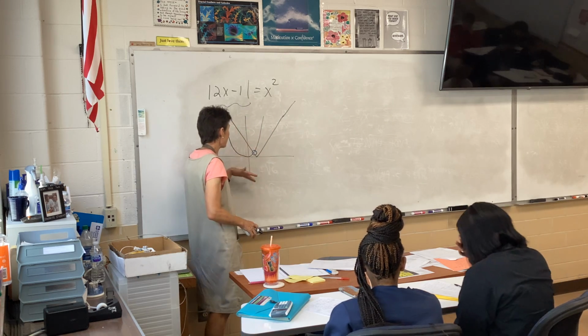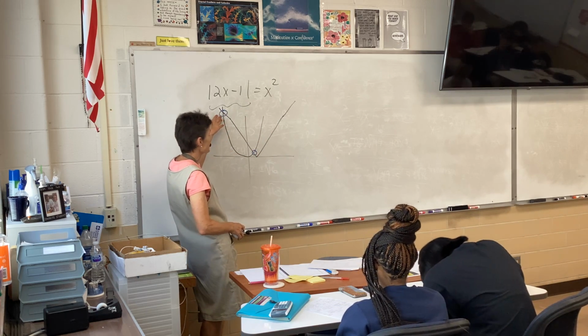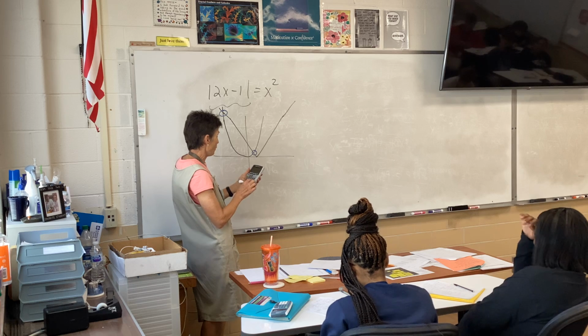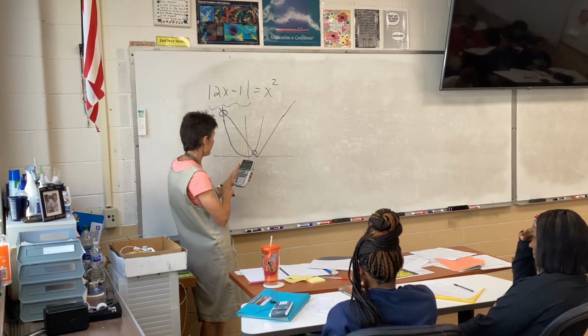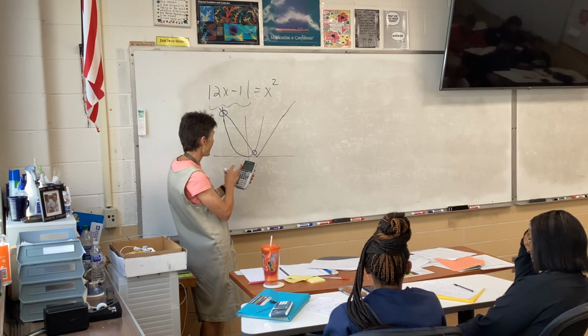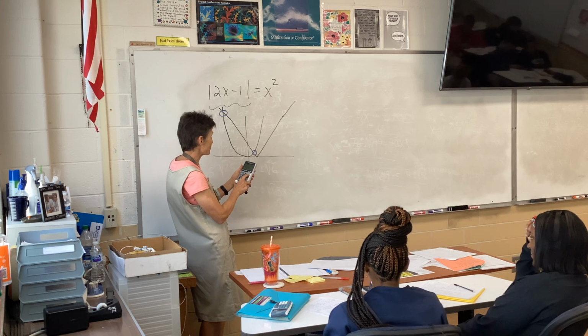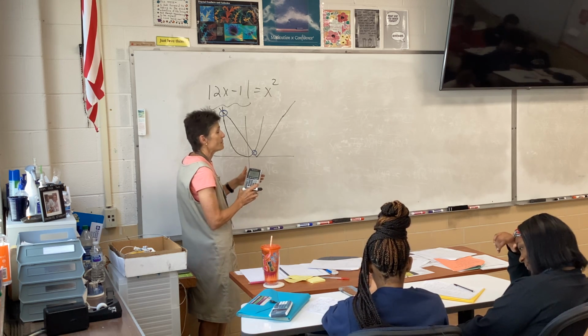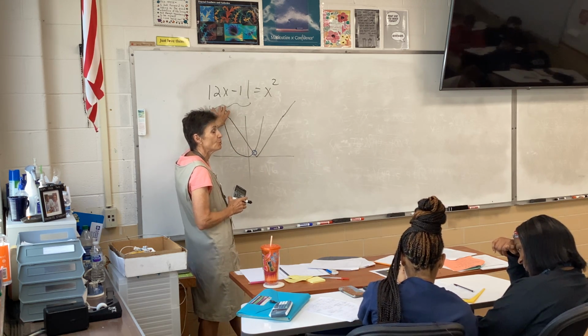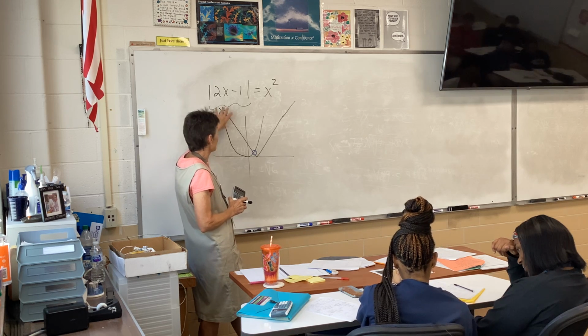If I gotta pick one to start, I guess I'll just find this one right here. So, I got my graph here in front of me. I'm going to hit second, calc, and then go down to intersect. Because I wanna know where these two curves intersect.